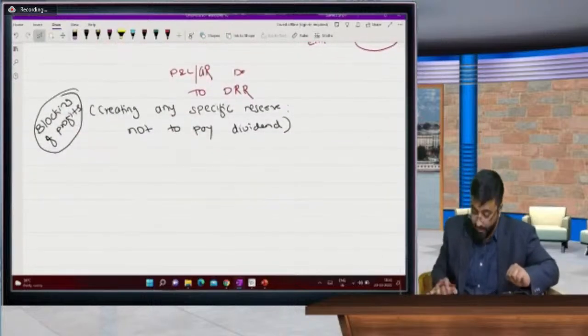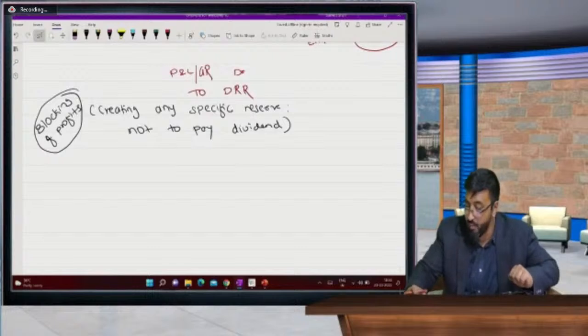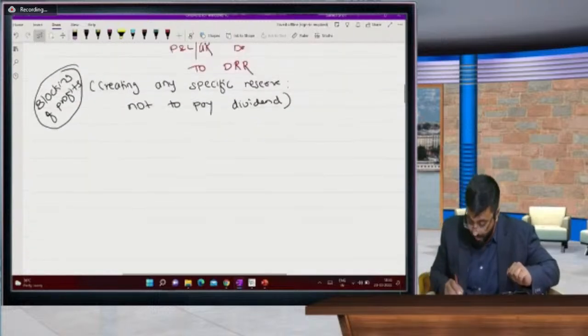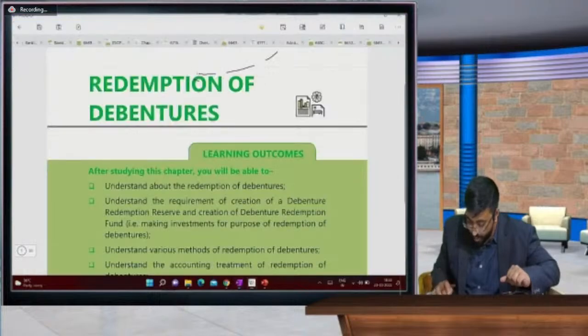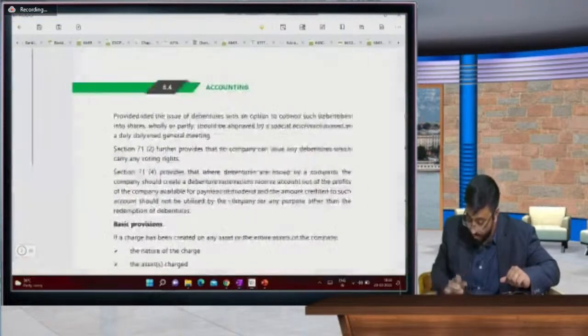So this is the entry. Now understand, I am going to explain the basic concept. What is the purpose? The amount of DRR that you have to maintain, write down. I will show you in the chart of ICI. Copy it from this.